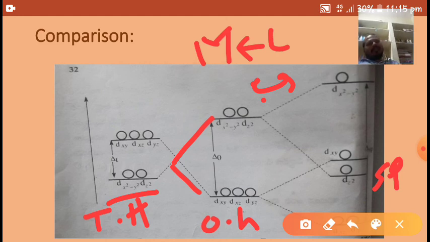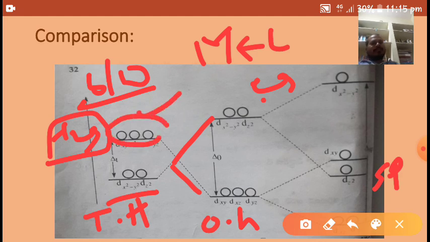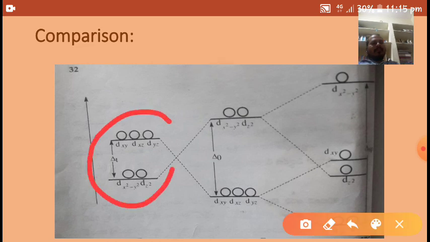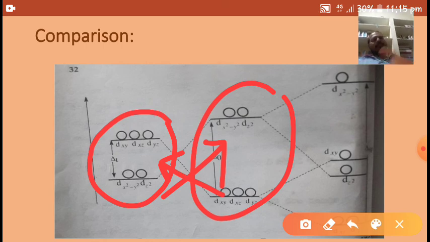In tetrahedral complexes, the ligands approach the metal ion between the axis. So the orbitals which lie between the axis are T2g. So their energy will be increased. If you observe here, these tetrahedral and octahedral splittings are purely inverse, or reverse.